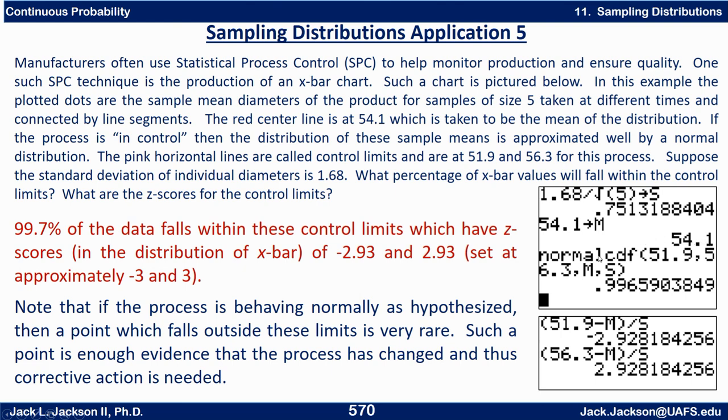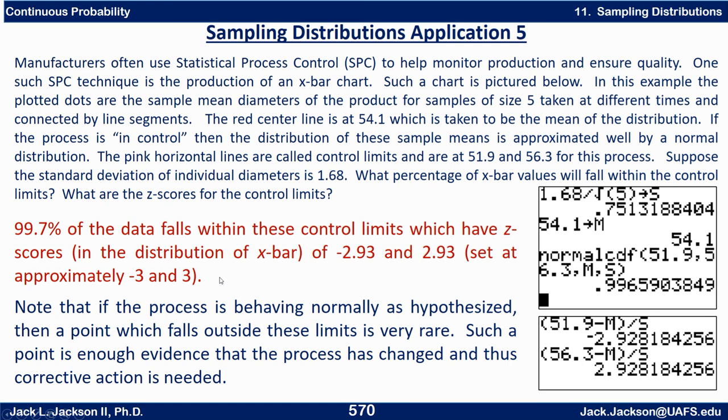So now what I'm wanting to do is to go from my lower control limit of 51.9 to my upper control limit of 56.3 with that M and that S for the mean and standard deviation, and I get 0.9967, or 99.66%, about 99.7%. So it's about 3 standard deviations above and below the mean, closer to negative 2.93 and 2.93.